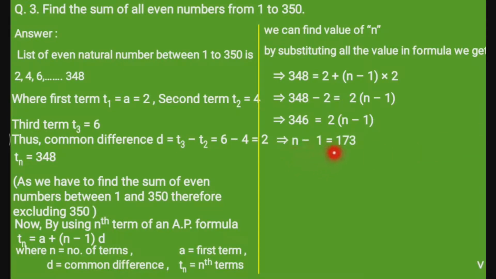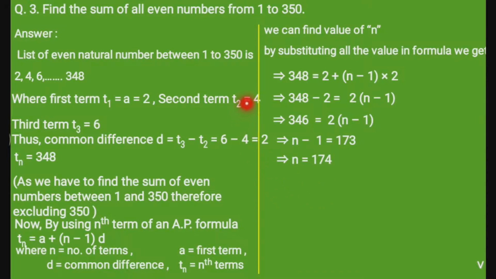So we get n minus 1 equals to 173. So transfer this minus 1 to right hand side, we get n is equals to 173 plus 1, that is 174. Now we find value of n.